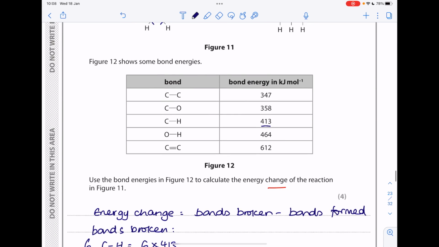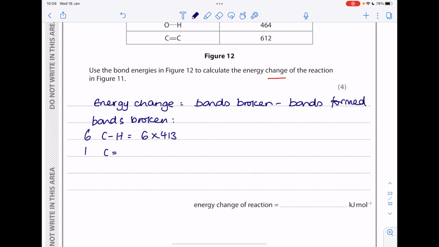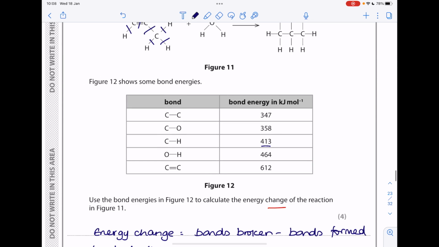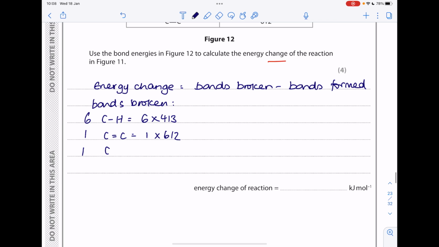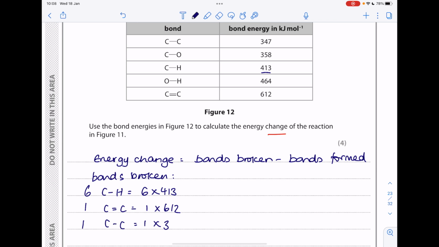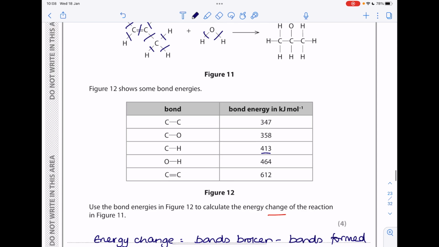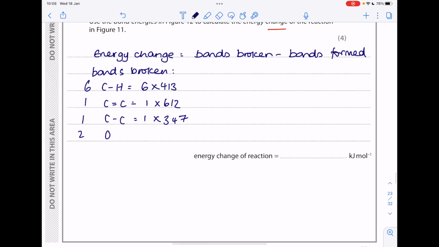One C double bond C. One C single bond C. And then 2 OH bonds. And I really recommend marking them off so you don't miss them.